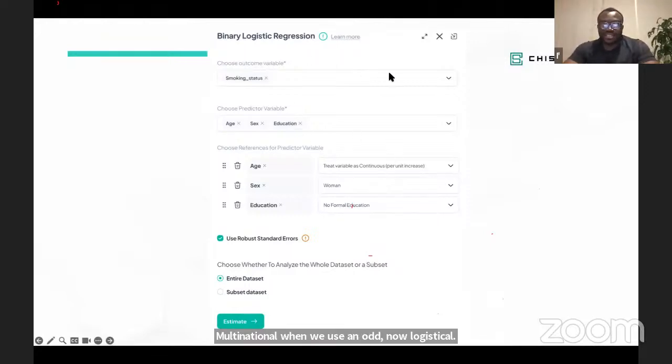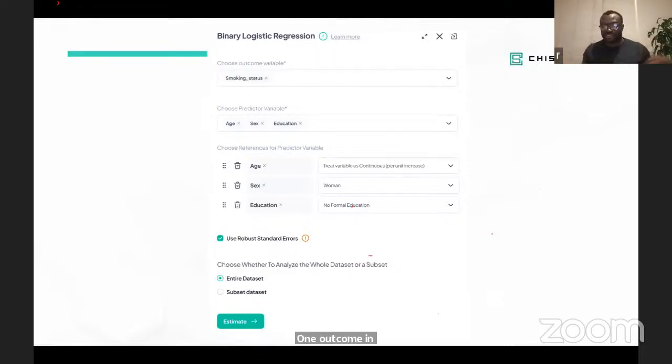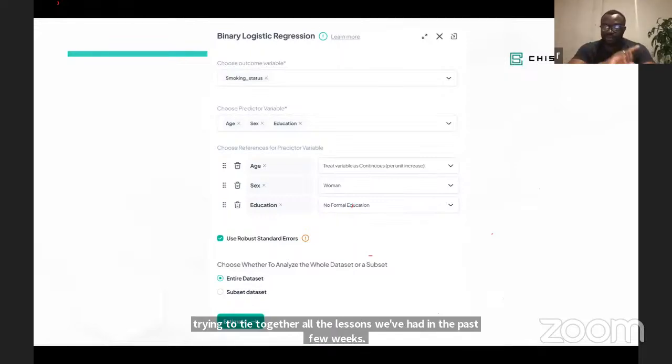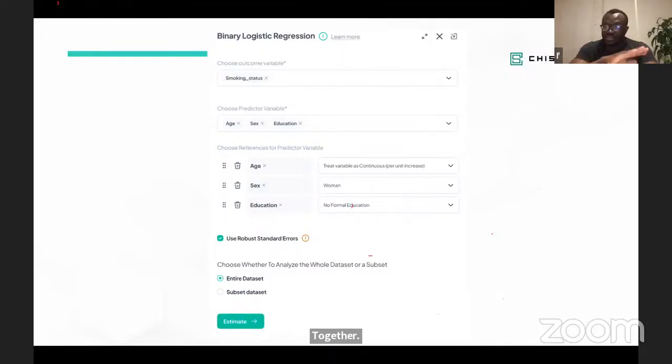So this is binary logistic regression. Like any other regression, you have to select an outcome. We're just trying to tie together all the lessons we've had in the past few weeks, so we can see the differences in the approach between all we've discussed.